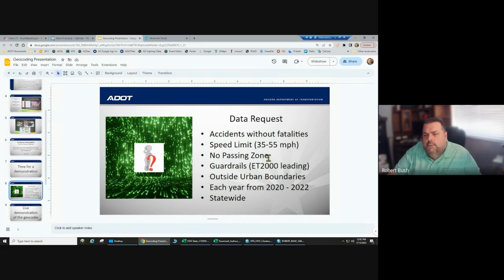Now, I am going to say we're not as up to date as Stephen Moore with the FIS team. Those guys do a great job of keeping the FIS software up and keeping the data up to speed. But we do have a good listing of everything. And what's nice is if we had a special request like this, we could reach out to Stephen or do it ourselves if you have the capability, and get a report and geocode it.